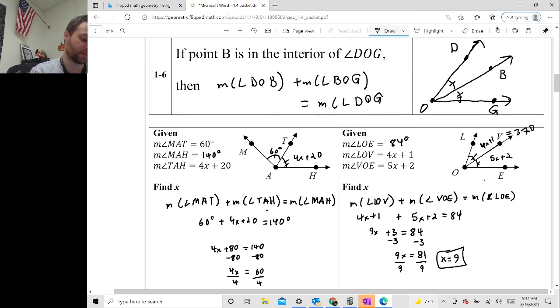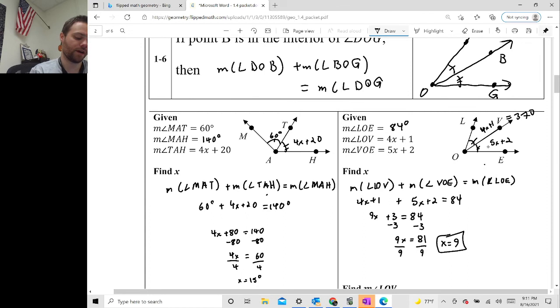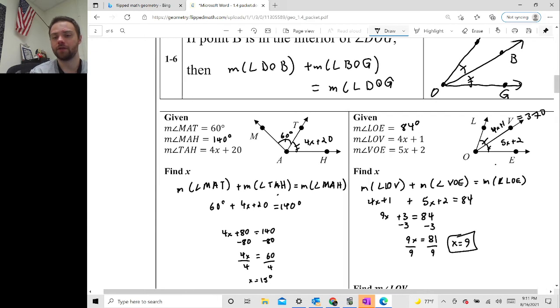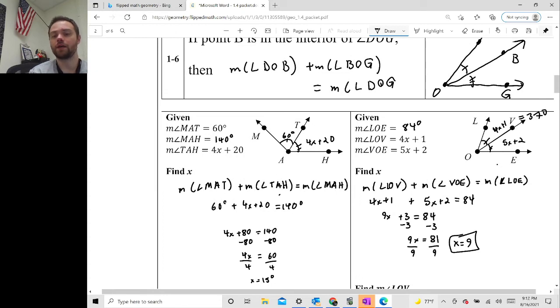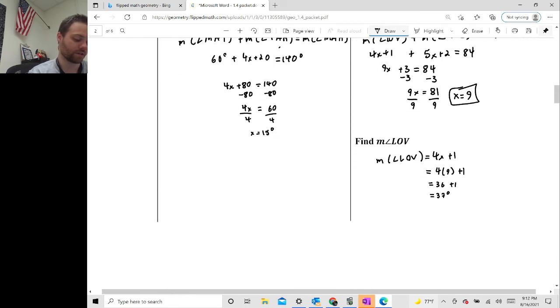And if we want to take it a step further, which I do, I can find the measure of VOE. I know the measure of the entire thing is 84, so I can take 37 from 84 and find VOE. Or I can plug in 9 into that expression for VOE. So I'm actually going to do that because that's fun for me.